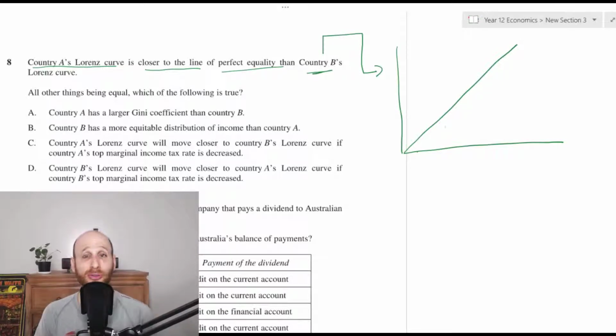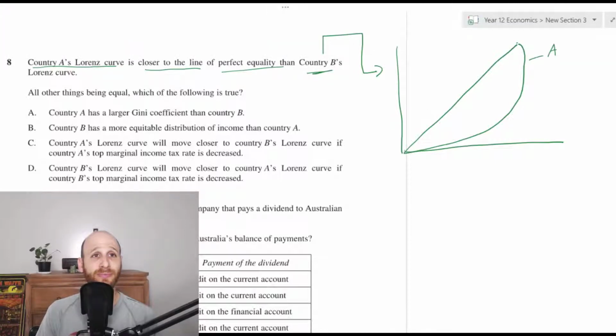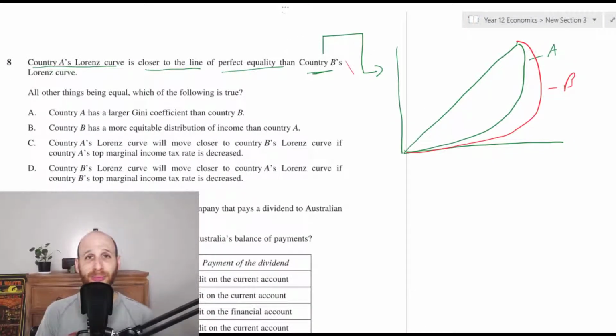I could use arrows and straight lines, but I'm just imagining that I'm in your position. Let's say, not bad, let's say that's country A. That's closer. Then let's get out red, and let's say that's country B. Now I don't have to hold that information in my head. I've just got it here.